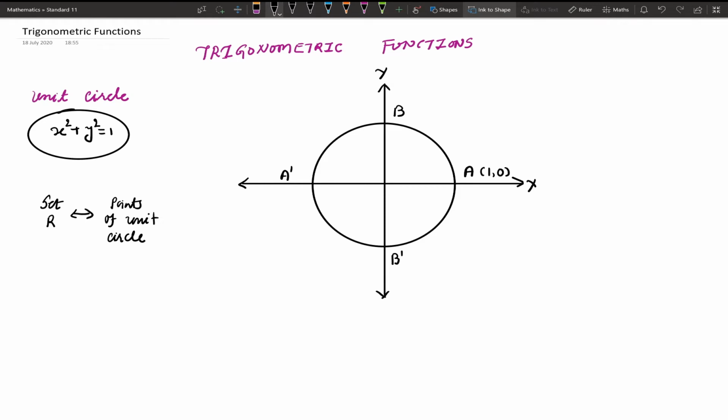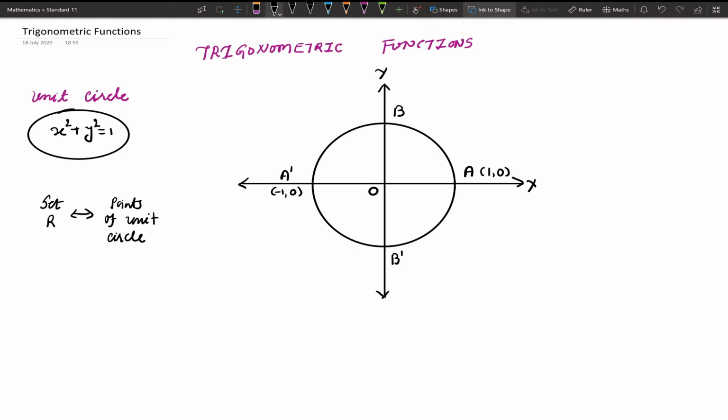Since this point lies on x axis, y coordinate is 0 and this is center of the circle, so OA is radius, and since it is unit circle, radius is 1, so coordinates of A are 1, 0, then A prime will be minus 1, 0 because opposite direction.